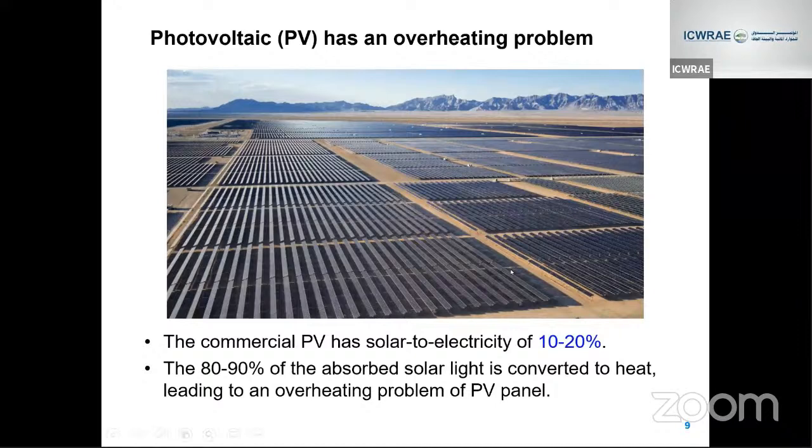It turns out the commercial PV has a solar to electricity conversion efficiency between 10 to 20%, meaning that 80 to 90% of the absorbed solar energy by the PV is not converted to electricity. Instead, it is converted to heat. Therefore, the PV panel has a lot of waste heat. That's the reason why PV has an overheating problem.